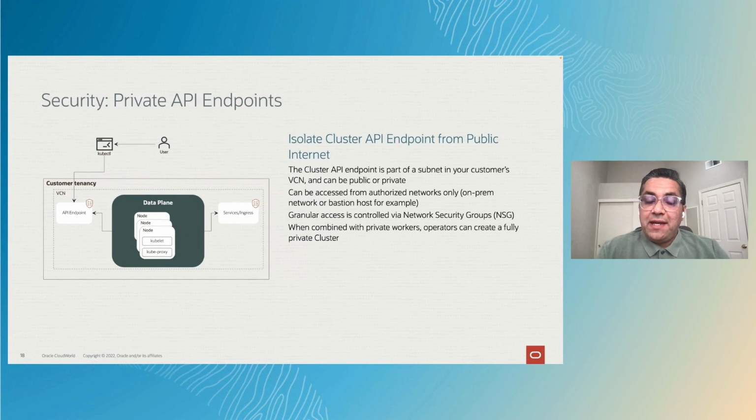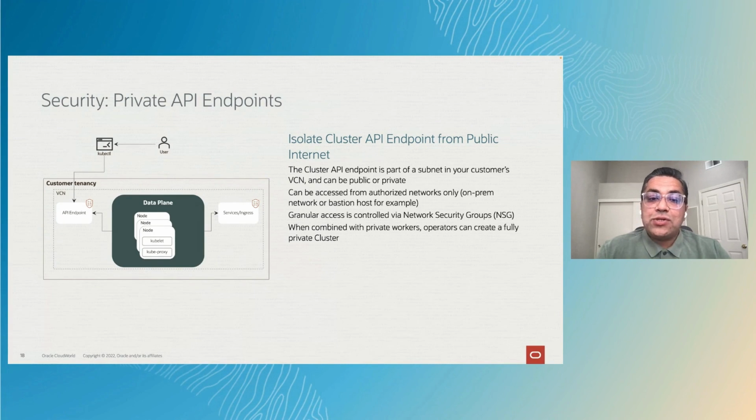The private API endpoint requires fully integrating the Kubernetes cluster with the virtual cloud network, or the VCN. In OKE, the cluster worker nodes, pods, and load balancers are already a part of the VCN, but one can now also add the Kubernetes API endpoint to the VCN, making the OKE network more secure.